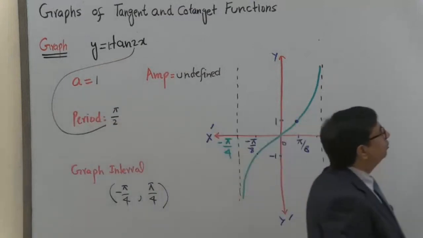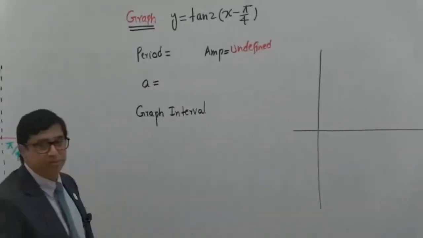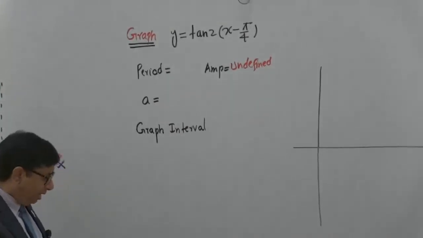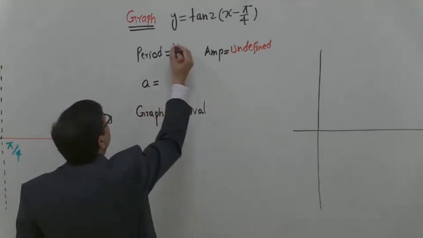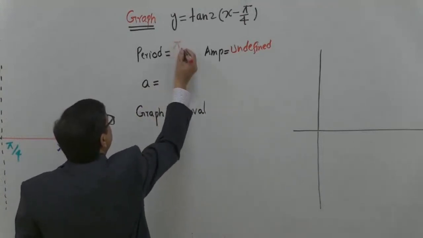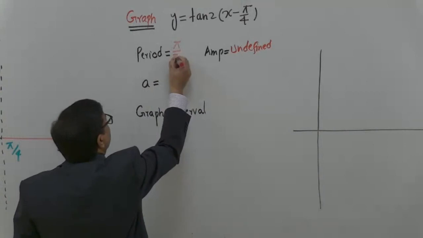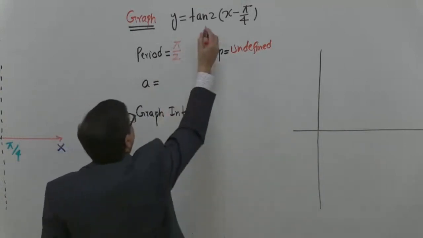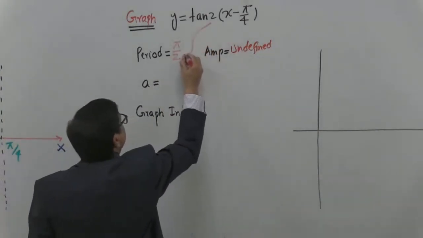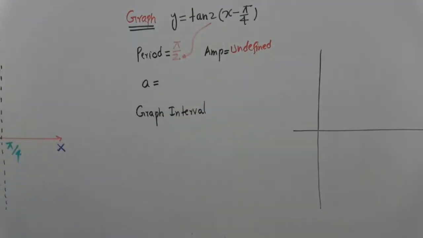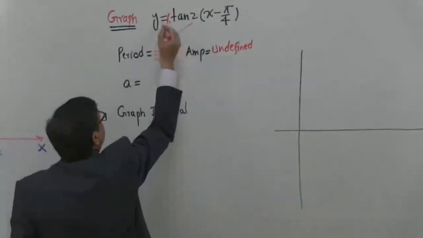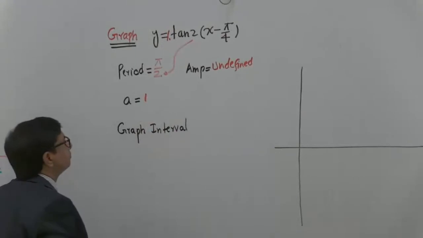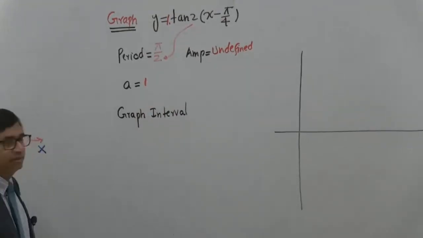y equals tangent of 2x minus pi over 4. In this question, write down the period of this one first. The period is tangent. Usual period for tangent is pi. So this pi over 2, this coefficient we take there. So pi over 2 is the period. Then we go for a. There is 1. So a is 1. Graph interval.